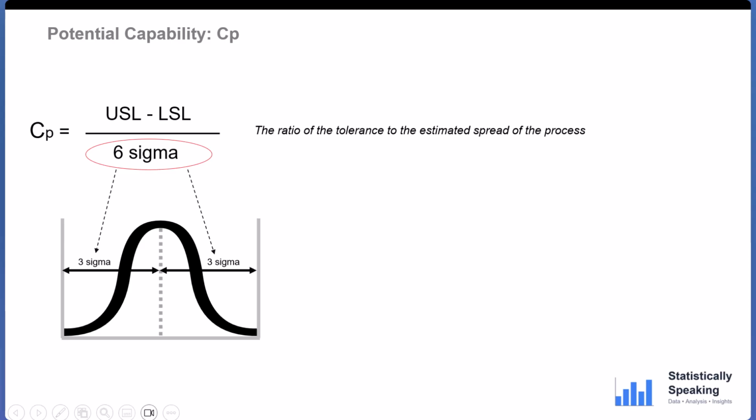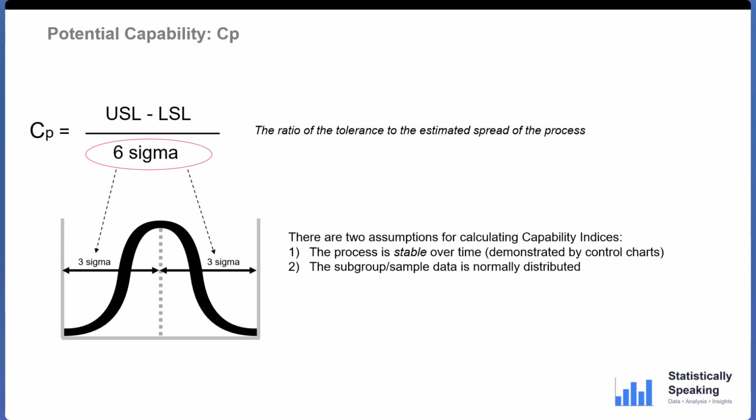There are 2 assumptions for calculating capability indices. This is for CP and later for all of them, actually, CPK, BPK, which we'll discuss in just a minute. So the 2 assumptions are that the process has to be stable. That's why in the earlier slide we saw control charts. That's how you determine process stability.